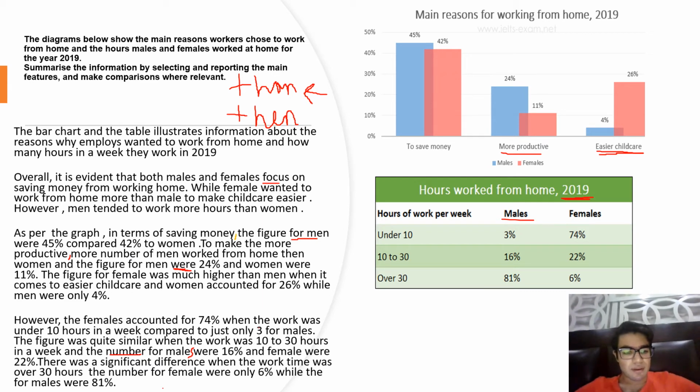And then he said there was a significant difference when the work time was over 30 hours. The number of females were only 6%, while the four males were 81%. Okay, I'm sorry, just a second. There was a significant difference when the work time was over 30 hours.